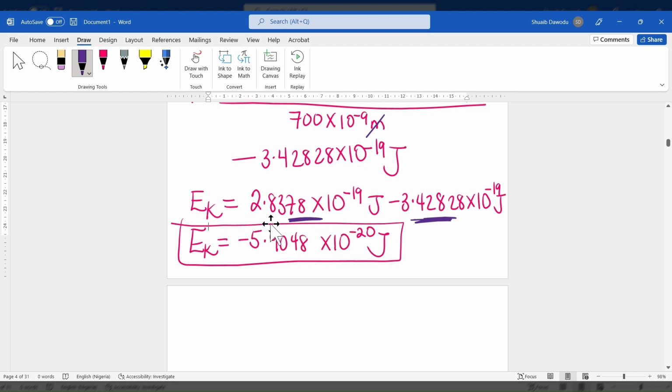Because it is not less and it is more, a negative kinetic energy just means no electrons were ejected, because the minimum energy required for them to be ejected is actually less than the work function. So the work function is more, and it's not going to work that way.